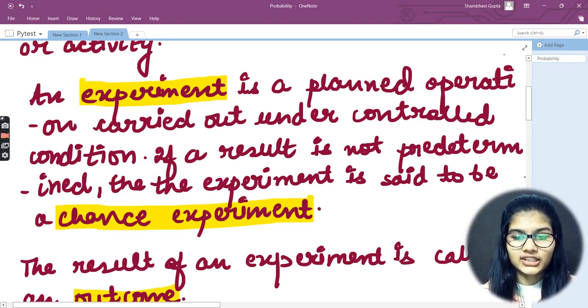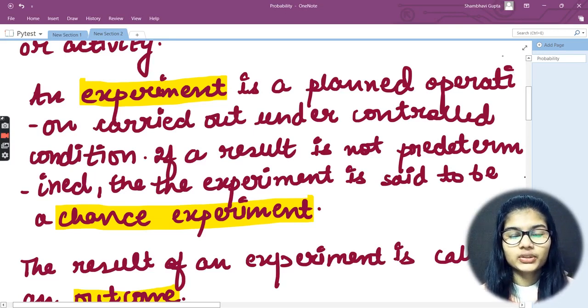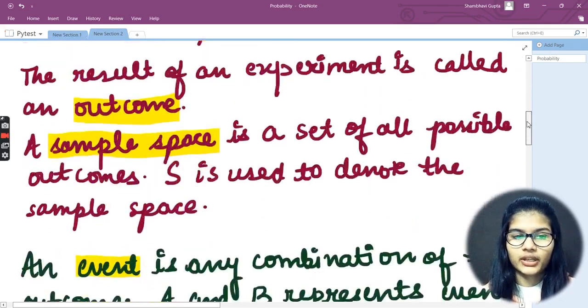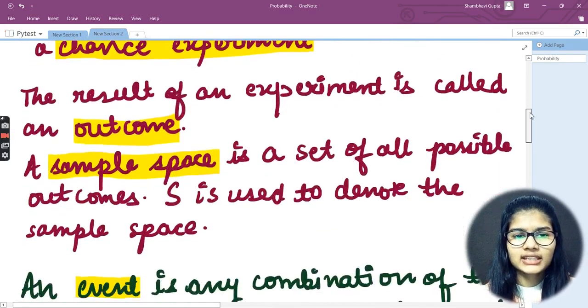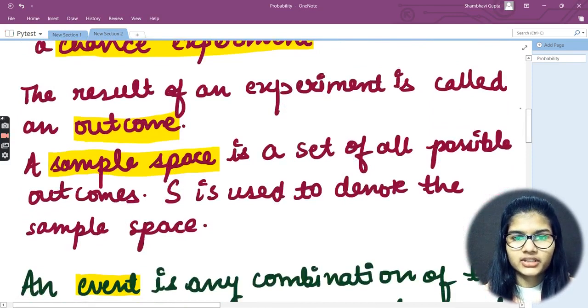If a result is not predetermined, then we say that the experiment is said to be a chance experiment. What we mean by outcome is the result of an experiment. The result of an experiment is called an outcome.